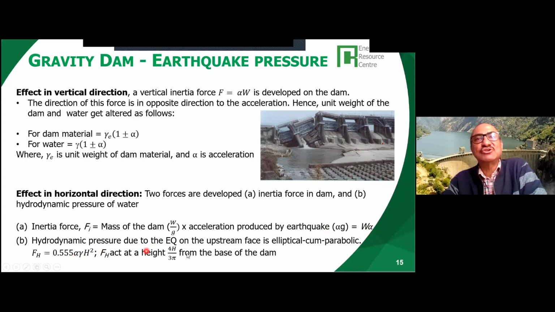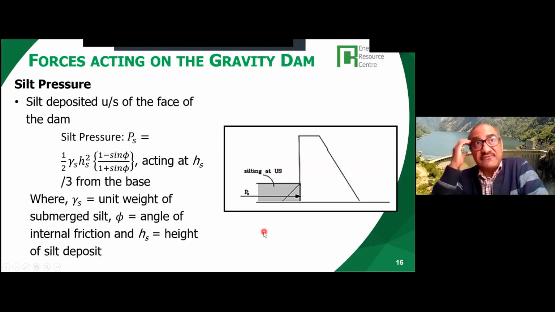The hydrodynamic pressure due to earthquake is, they say, an elliptical parabolic distribution. This is how it is calculated. I will not go into detail because this is a very technical issue, but I just want you to know that in earthquake prone areas, this is also another pressure and load that gravity dams have to be designed for.